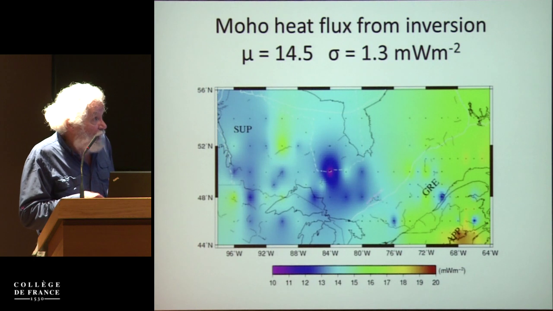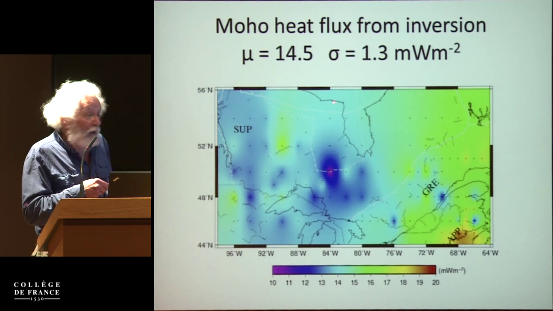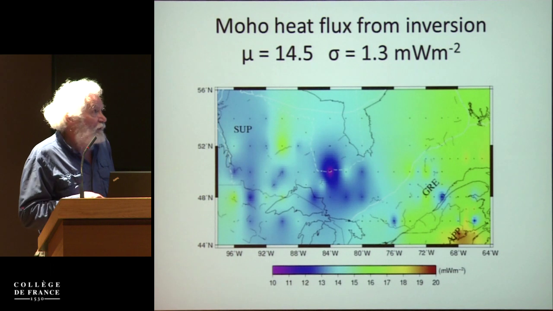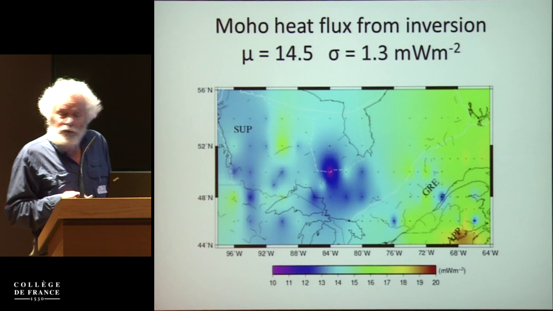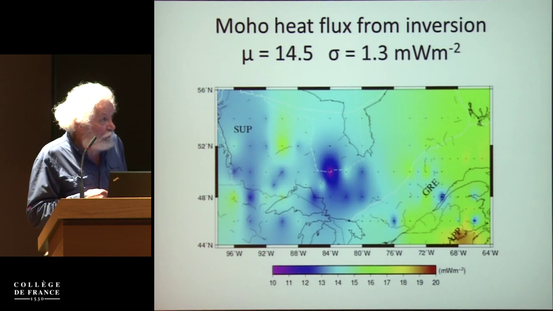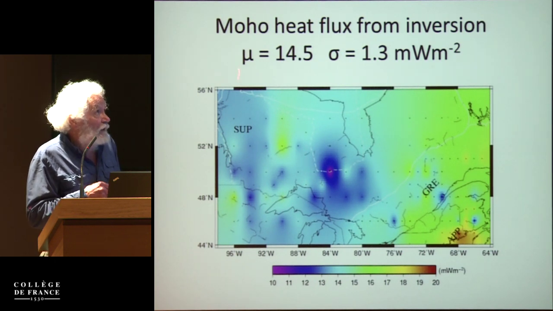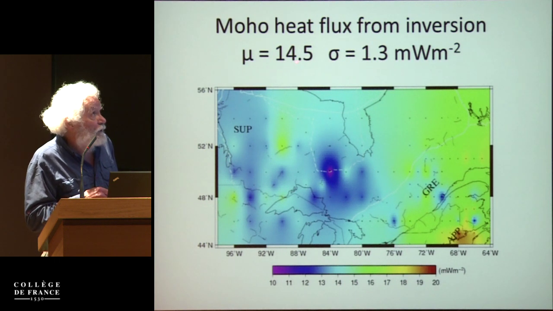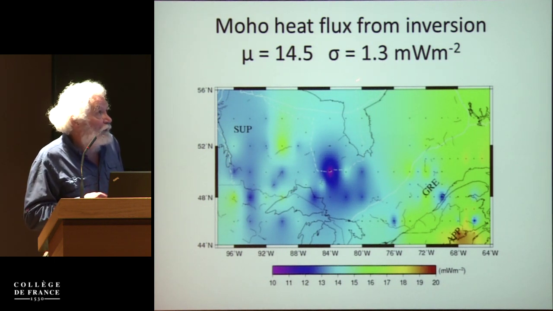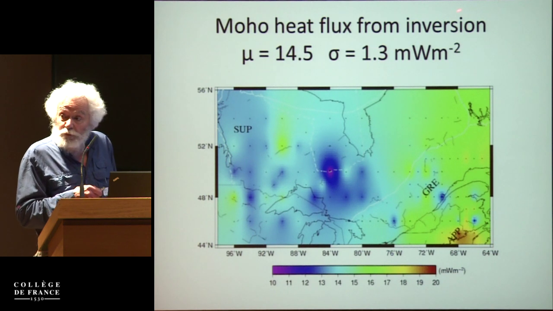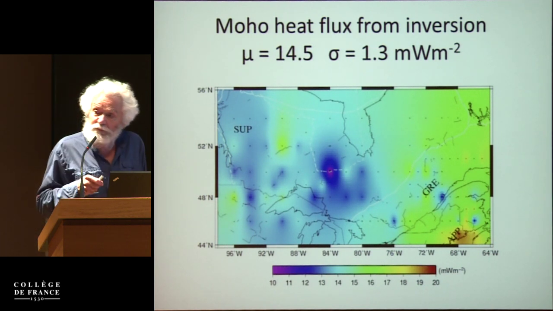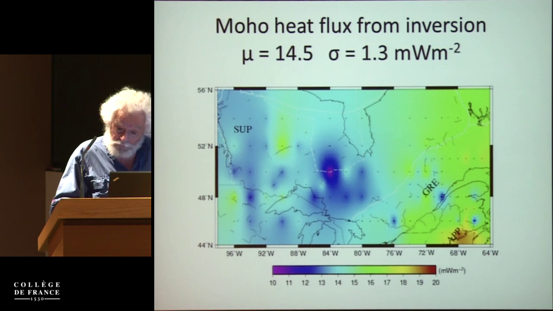And you see on the map that the mantle heat flow seems to be a little bit lower in this region than in the region east of James Bay. The average mantle heat flux for the Superior province is 14.5 milliwatts per square meter, and the standard deviation is very small, 1.3. So this is something that seems to be extremely well constrained.